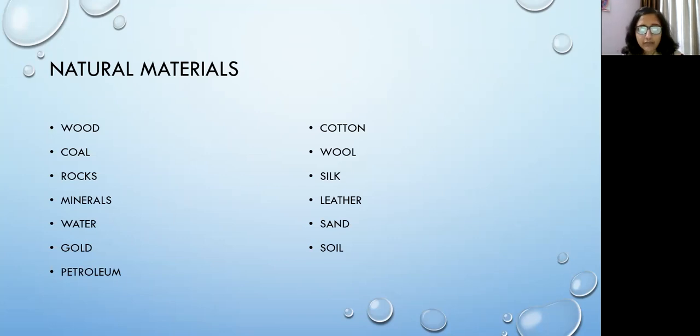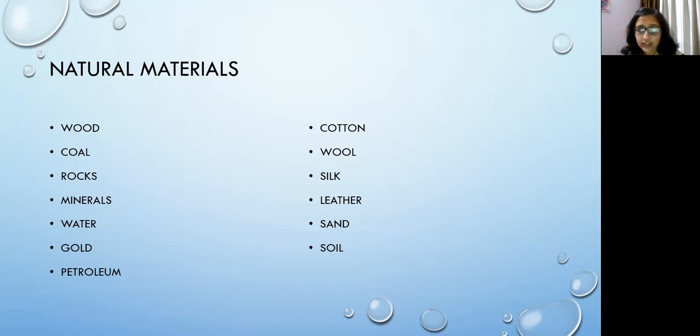So what are the examples of natural materials? See, wood we get from nature, we get from trees, then coal, rocks, minerals, water, gold, petroleum, cotton. Cotton, आप सबको पता है, you all have learned that chapter fiber to fabric.